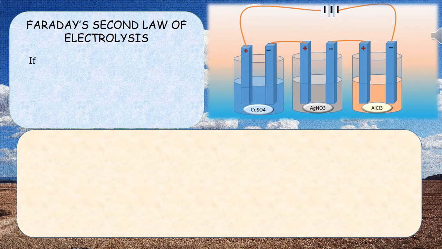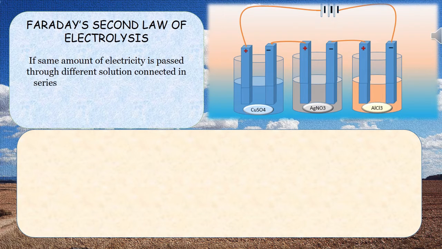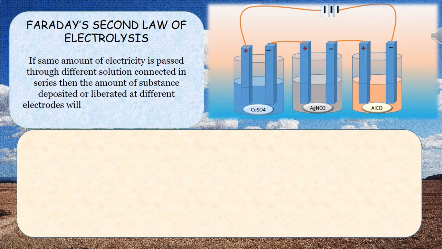According to Faraday's second law of electrolysis, if the same amount of electricity is passed through different solutions connected in series, then the amount of substance deposited or liberated at different electrodes will be directly proportional to their equivalent masses.